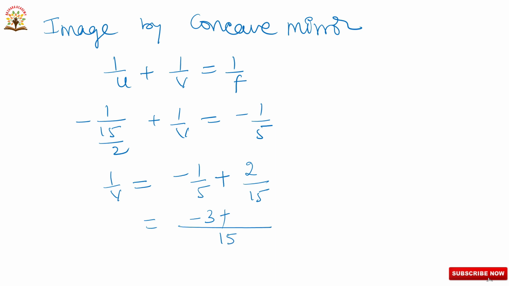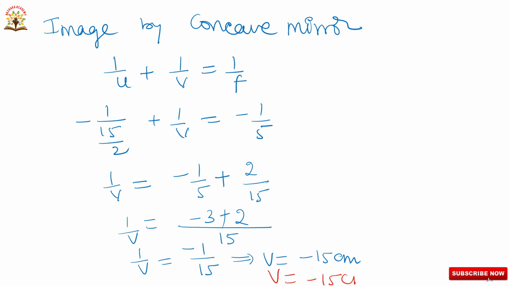Minus 3 plus 2 is minus 1. So 1 by v is equal to minus 1 by 15. From this, v is equal to minus 15 centimeters.